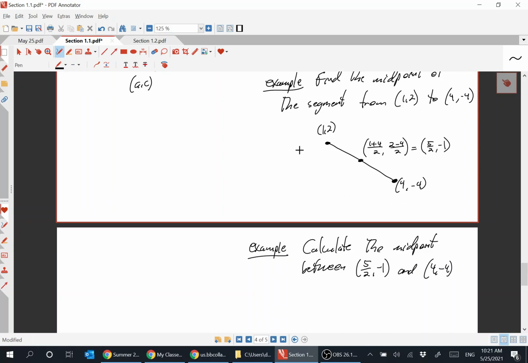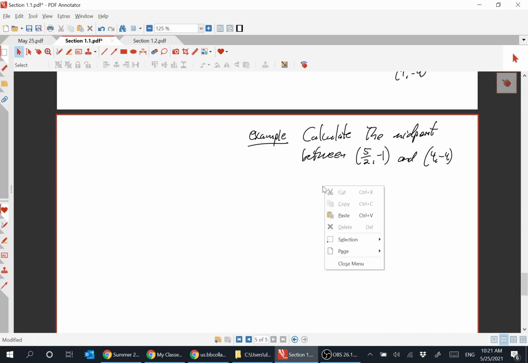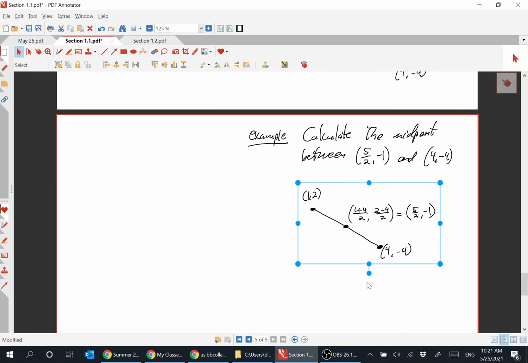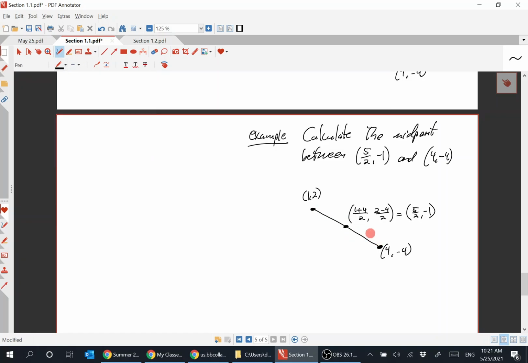You've got this line here, and now you're asked, here's the middle between 1, 2 and 4, -4. How about the middle here? So 1/4 the distance from 4, -4 to 1, 2. Well, that point right there, you just take the sum of the x-coordinates, 4 plus 5/2 divided by 2, and then the sum of the y-coordinates, minus 4 minus 1 divided by 2.